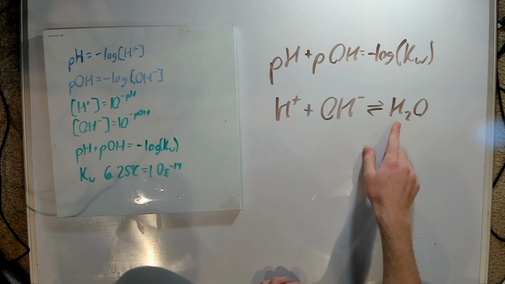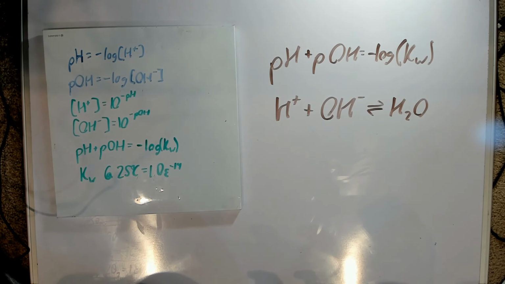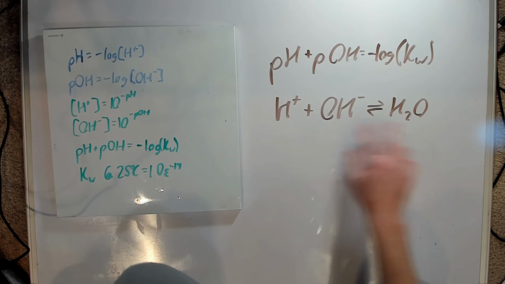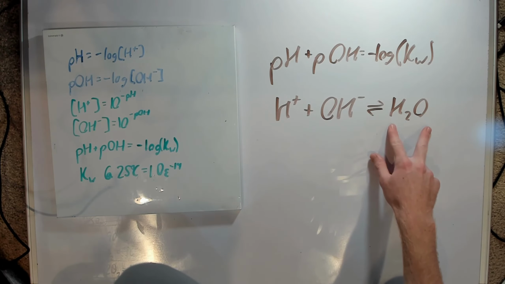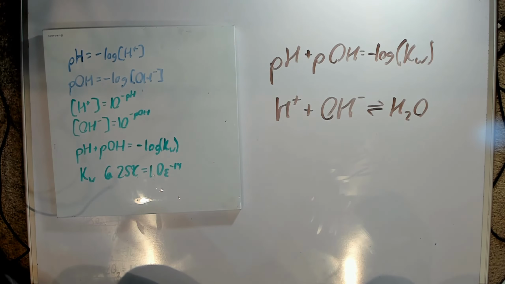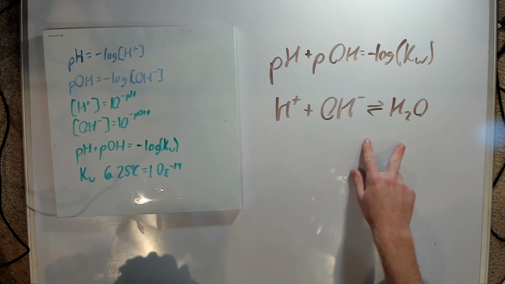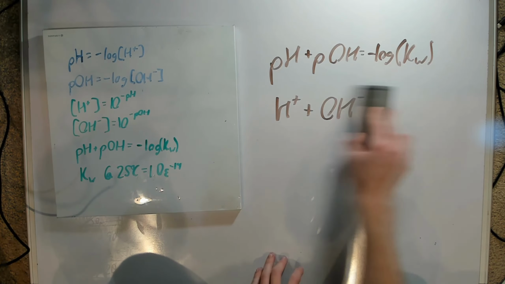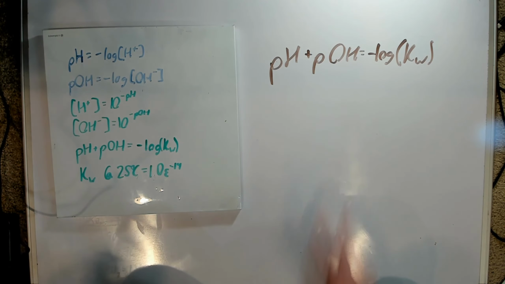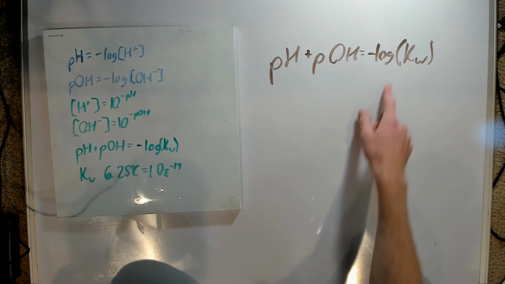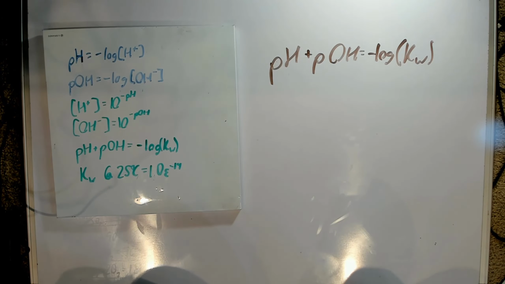But because water is in equilibrium with its ions, you can represent the tendency for something to be present, whether it be products or reactants. I think that should be switched around, actually. The tendency for one to be present based on an equilibrium constant. So if we want to find the total pH in anything, what we'll do is we'll add pH plus pOH, and we'll get negative log of Kw.